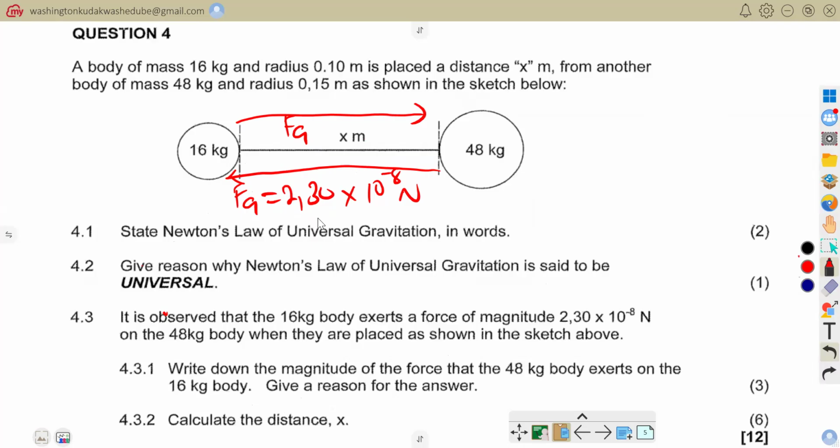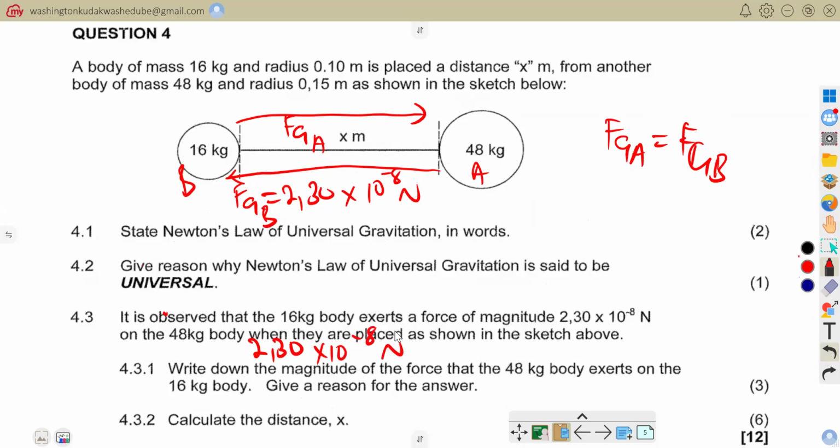So we know that from the law of universal gravitation, the force exerted by the 48 kg block, which is A, and the force exerted by B, these two forces, they are equal according to Newton's universal gravitational law. Therefore, this force would be equal to 2.30 times 10 to the power minus 8 Newton.